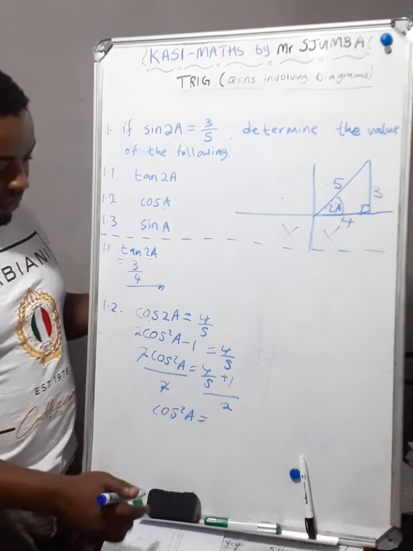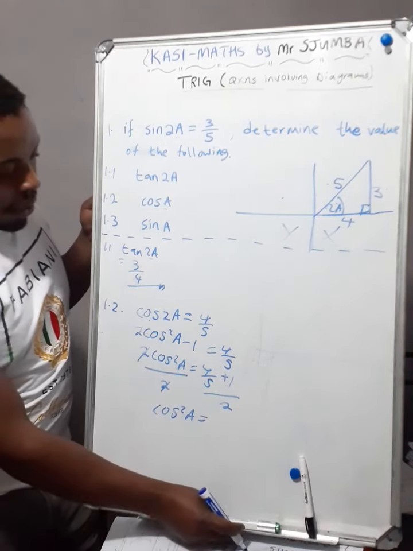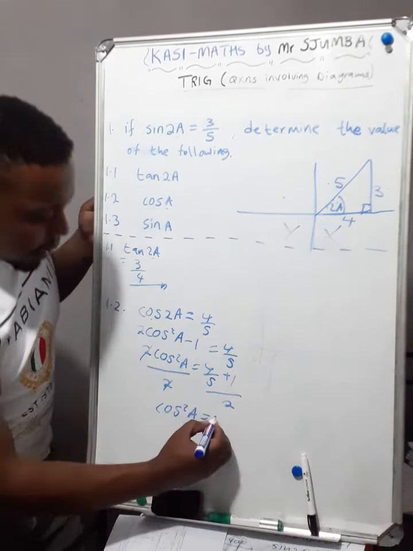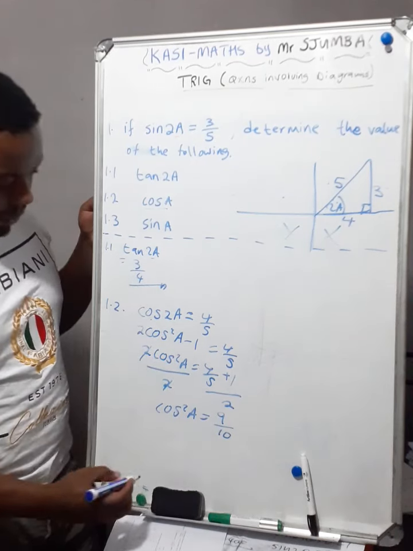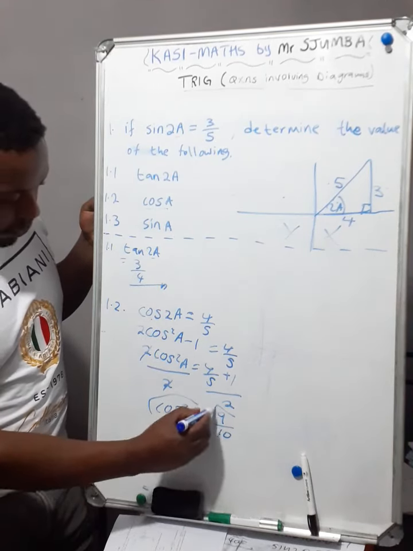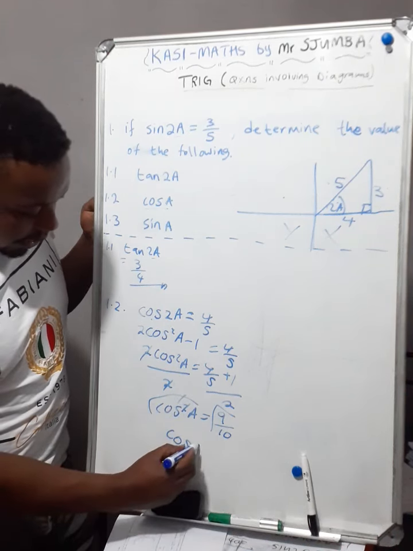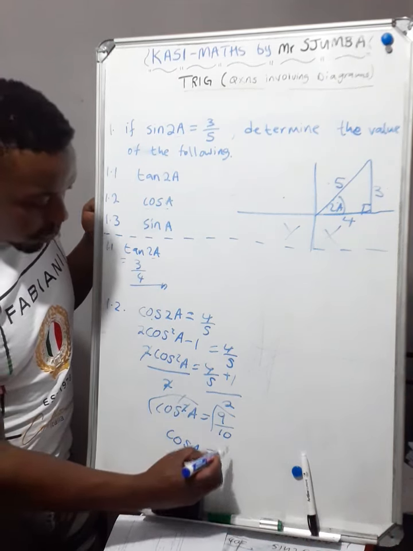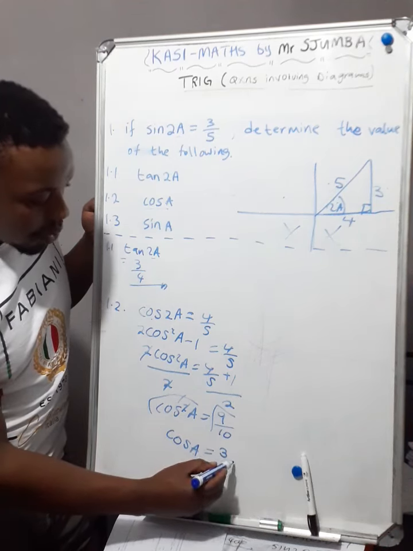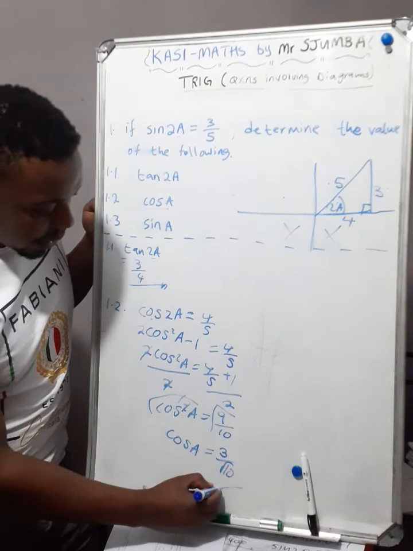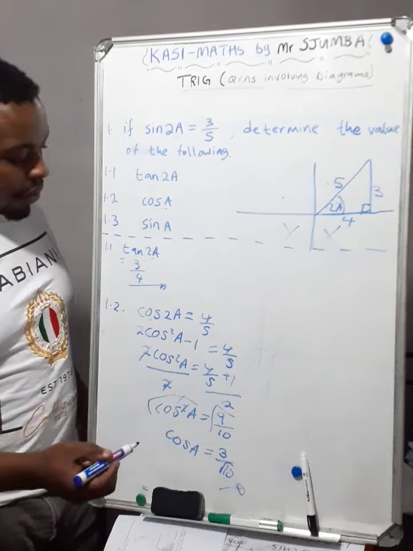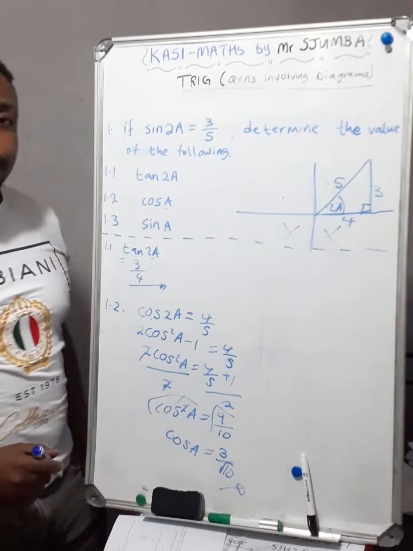It's 9/10. Then I put the square root, the square root cancels the square, and then cos A equals 3/√10. So this is the value of cos A, right?